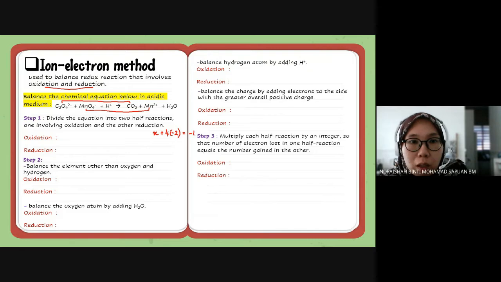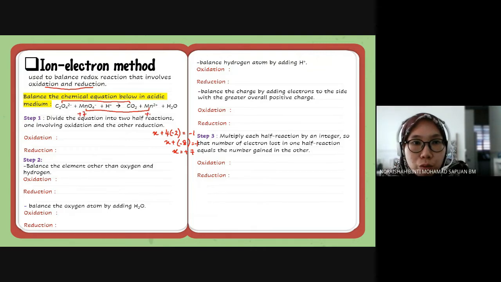Boleh refer pada chart semua oxidation number yang basic. So dekat sini X plus negative 8 equals to negative 1. So X equal to negative 8 bawa ke kanan jadi positif 8, tolak 1 jadi positif 7. So dekat sini kita tahu Mn kat sini positif 7.